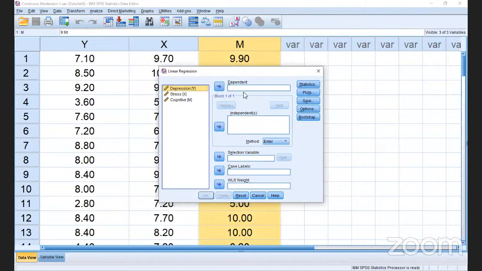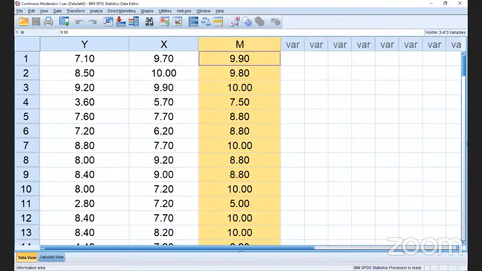I am transferring it into this box, Dependent, and stress, that is the independent variable. Then we click OK. Now we can see the output.